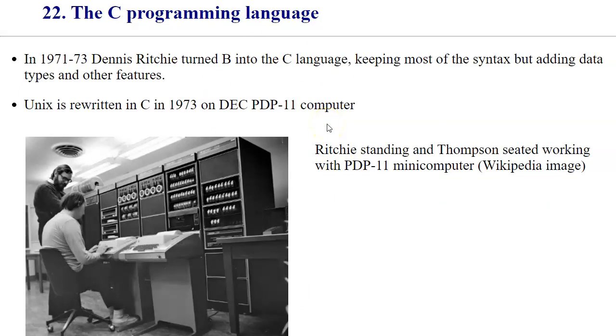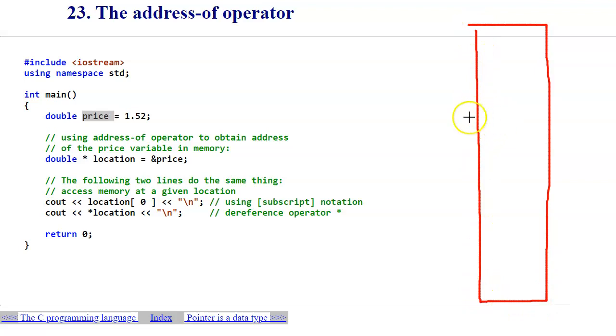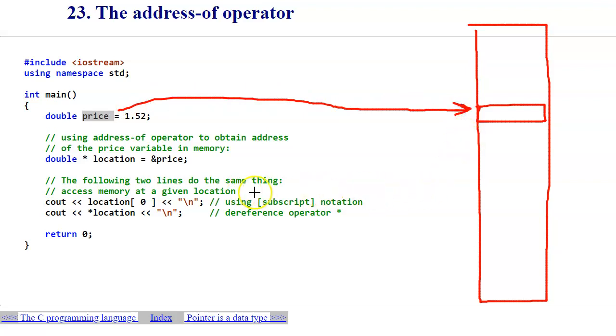C programming language kept most of B syntax, but added specific data types to the language. When we create a variable and give it a name, like this price variable on my screen, envision that we have a computer memory that has specific location where this variable gets allocated.